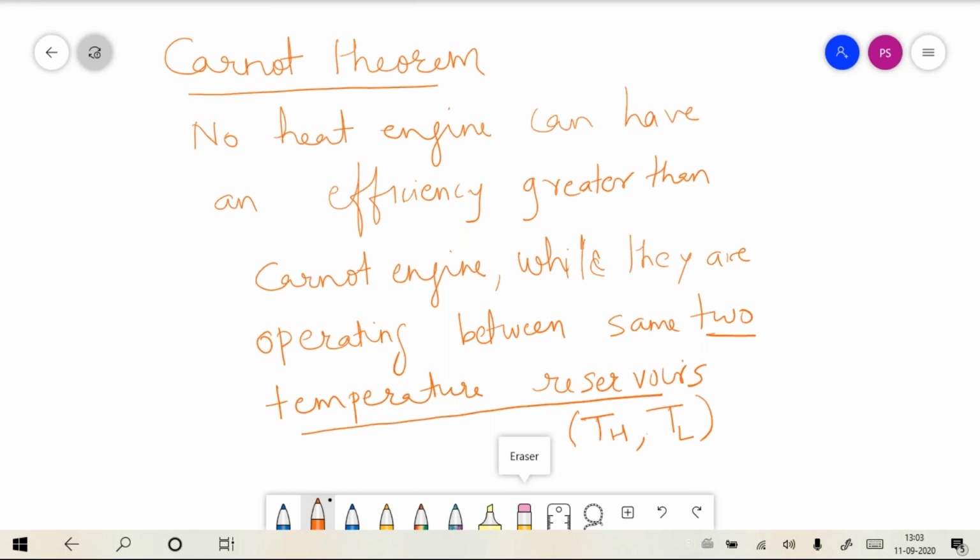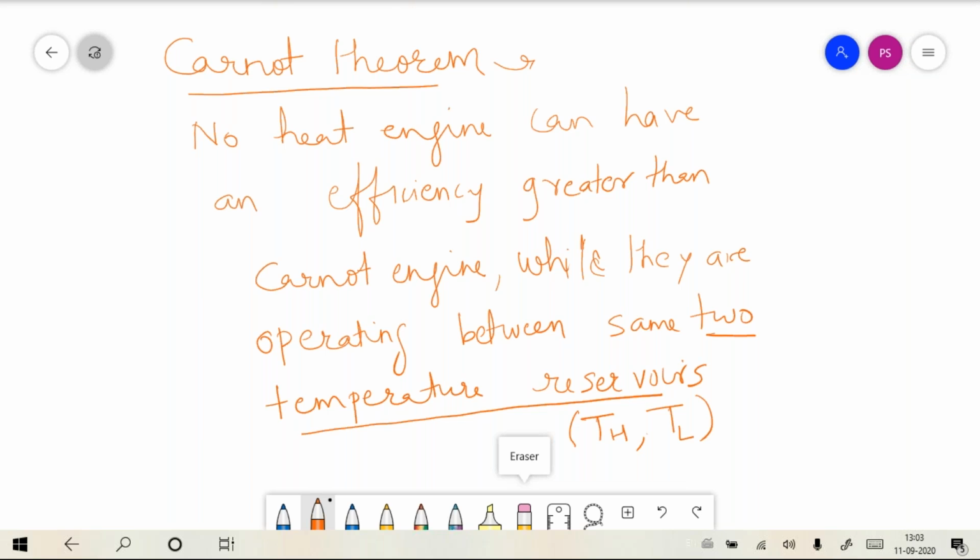Making use of this Carnot theorem, we would be proving the Clausius inequality.